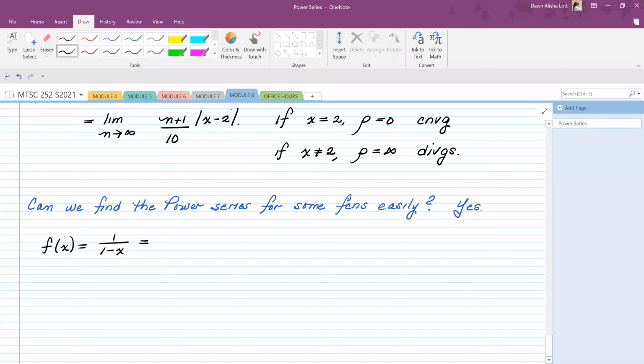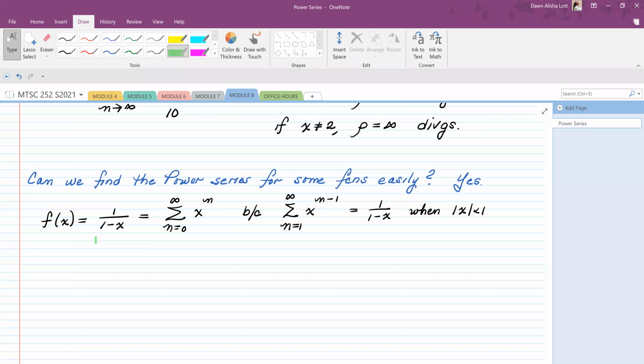We know that that is the convergent power series, the sum n equals 0 to infinity of x to the n, because the summation n equals 1 to infinity of x to the n minus 1 is equal to 1 over 1 minus x when the absolute value of x is less than 1. So this is true for the absolute value of x less than 1.